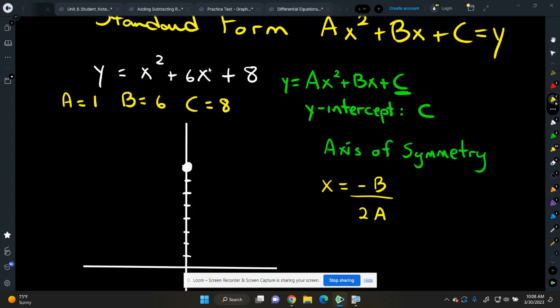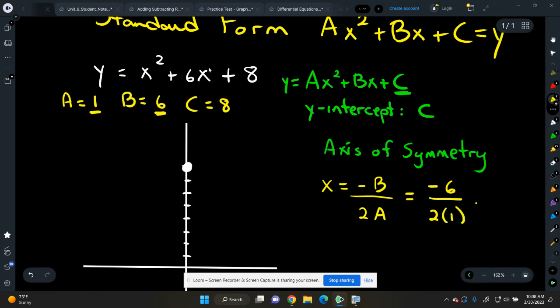Now I'm going to go ahead and use this formula. So it's negative b, which is 6, over 2 times 1. So it's x equals negative 3. Negative 6 over 2.